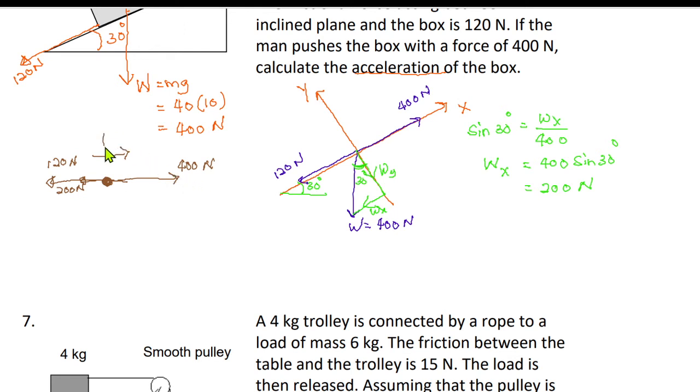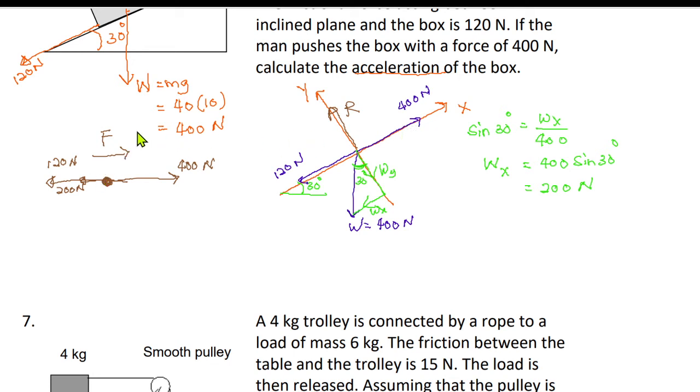I call this F. In this free body diagram, I am excluding my W sub Y, because my W sub Y will be cancelled off by my resultant force just now, my R. So R here must equal W sub Y. We are only interested in the forces acting parallel to my x-axis. Okay, do you get me?